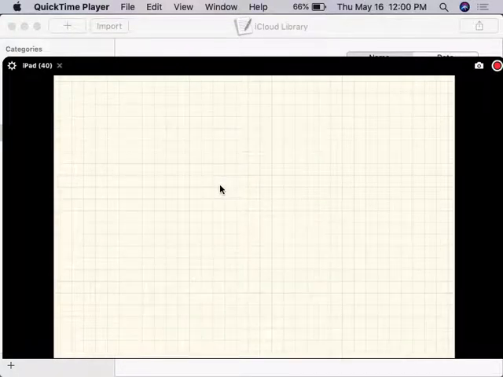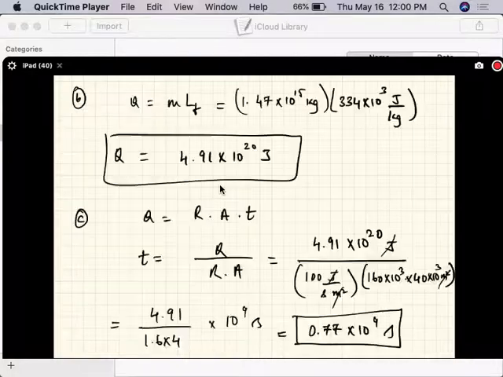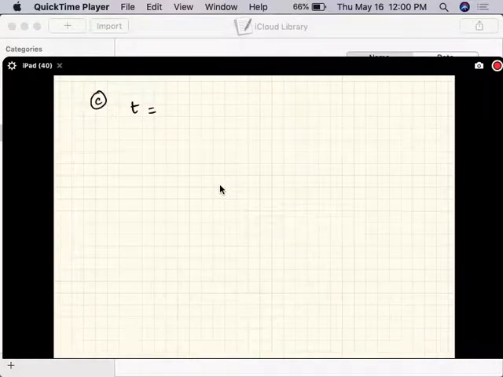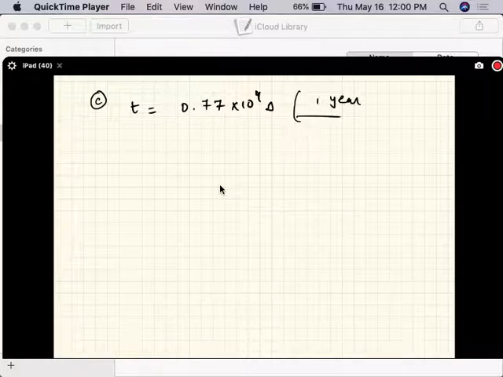Okay, so let's convert that to years. 1 year is 365 days. Each day has only 12 hours of sunshine.